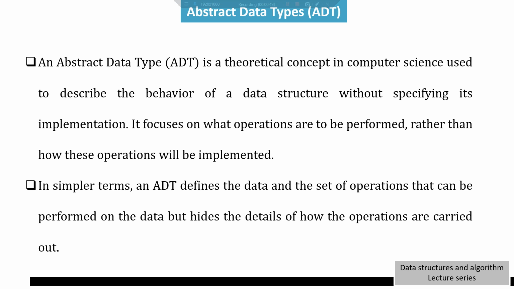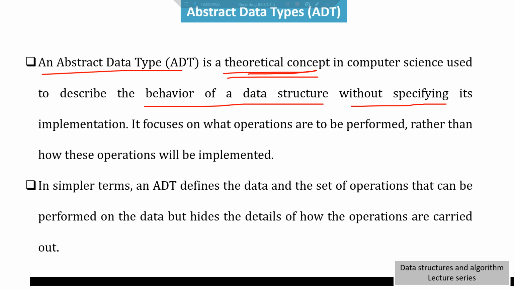So an abstract data type is a theoretical concept in computer science used to describe behavior of data structure. In the previous introductory video, we have already seen what are the different types of data structure. So abstract data type is a theoretical concept used to describe behavior of data structure without specifying its implementation.